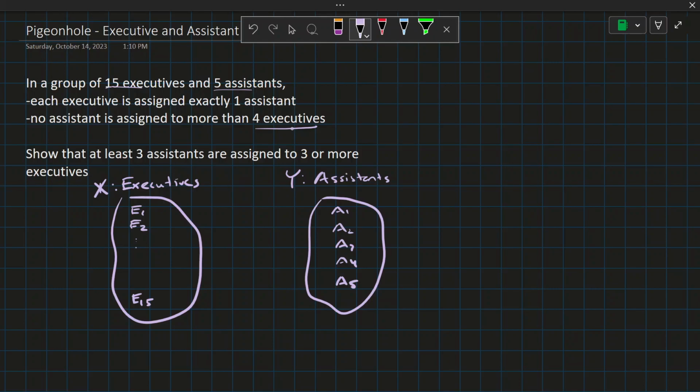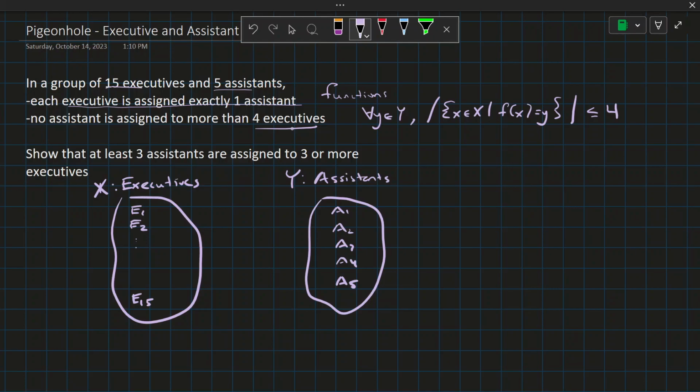We know that each executive is assigned exactly 1 assistant, so that pretty much means there's a function, because functions have to use all of the inputs. And then no assistant is assigned to more than 4 executives. That's saying, in set notation, for all y in Y, the size of the pre-image set is at most 4. So that's what that means right there.